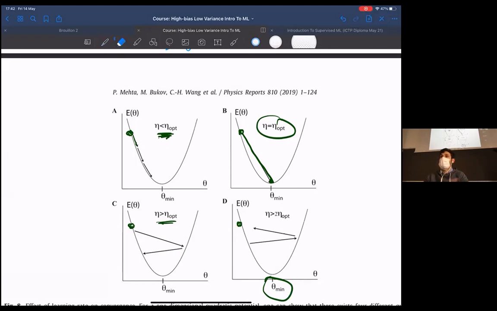If it is too high, it gives you nothing, because the gradient is no longer a good approximation of the landscape around you. You will not converge. You will completely diverge, actually, and we will see that numerically.